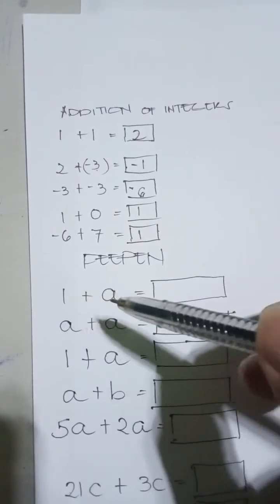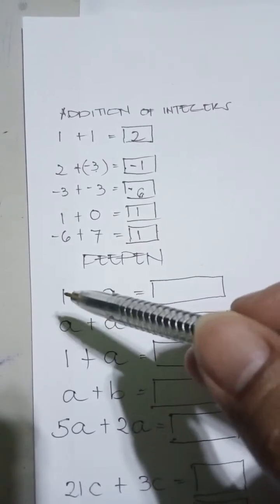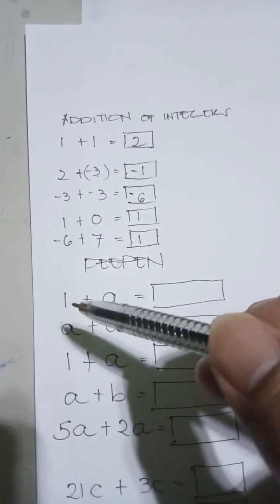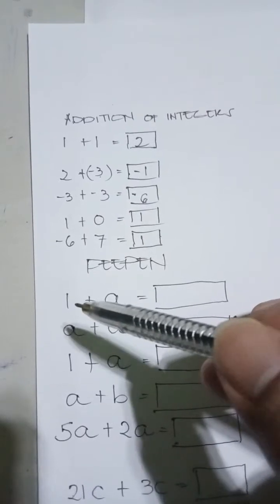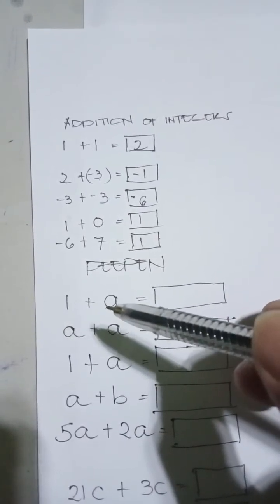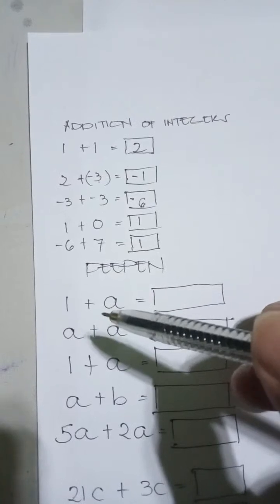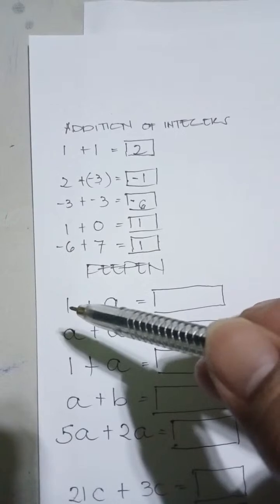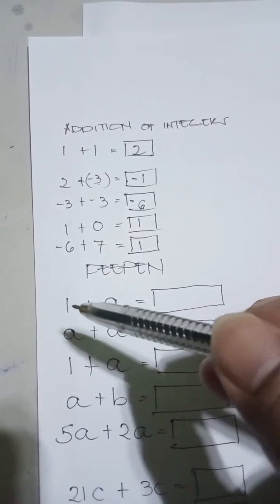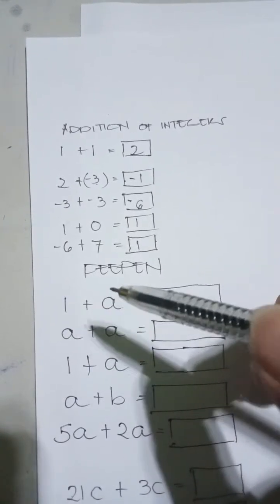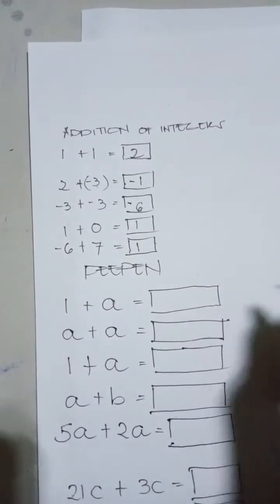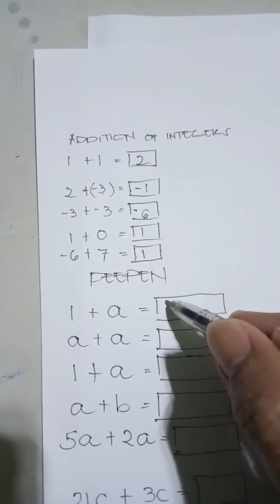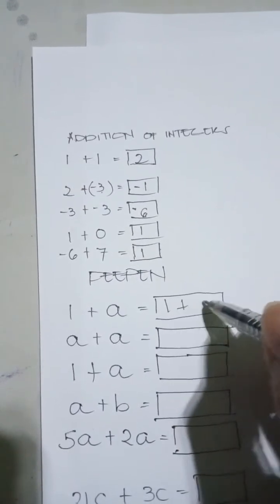You can add if both have the variable a, or you can add to 1 if a is not there. For example, this is 2, so you can add. But if one is a letter, a variable, and the other is a number, you cannot add. Rather, the answer for this problem is 1 plus a.